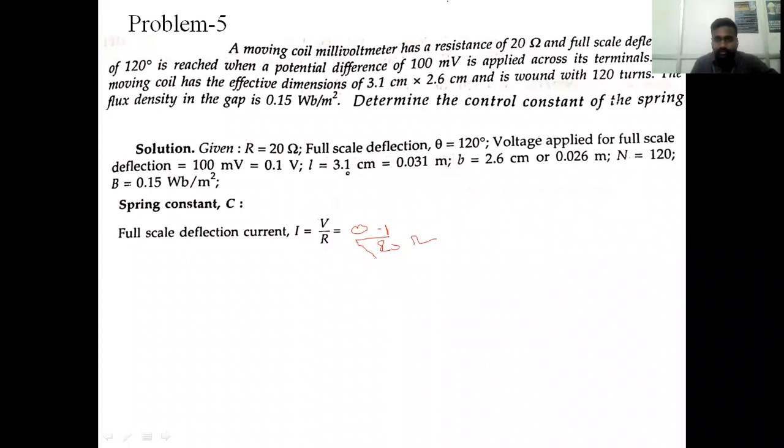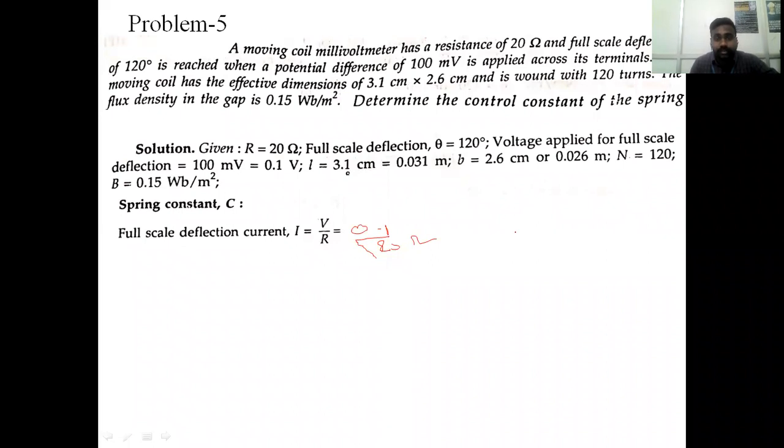What is the current we got? 5 milliamps. 271 got 5 milliamps, 212 got 5 milliamps.